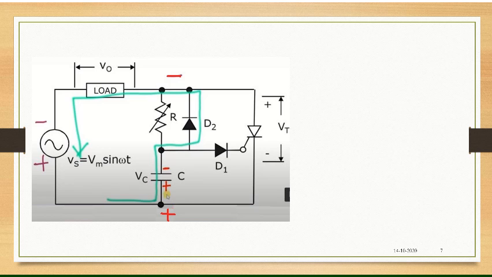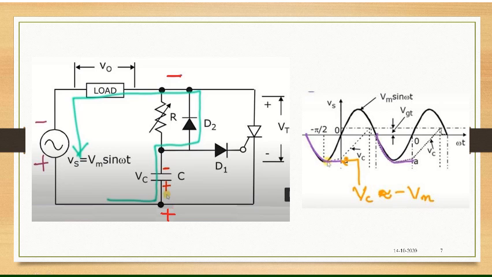All right, so let us observe the waveform here. So this is your input Vs, starting from the negative cycle. During the negative cycle, the polarity here will be negative and here it will be positive. So the capacitor will charge via D2. If you observe here, the potential at this point is negative and the potential at this point will be higher compared to this.